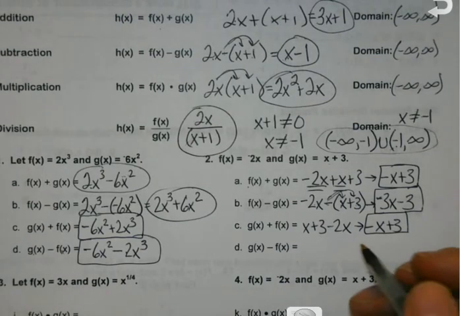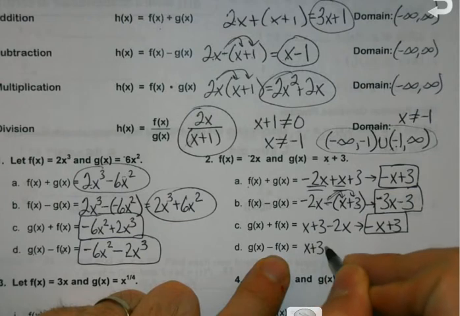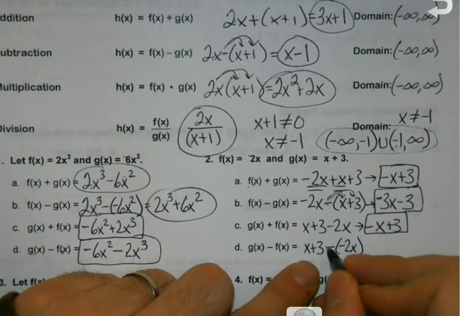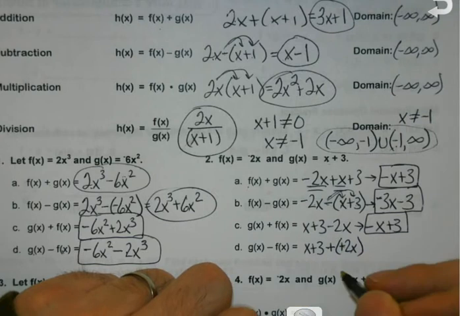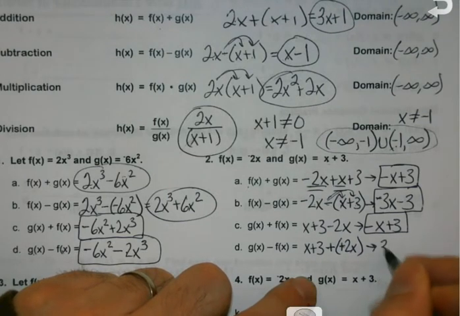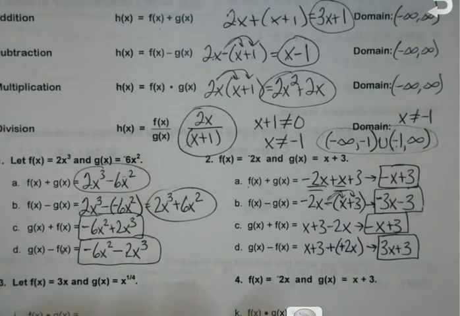That's showing the same here. And then again, I'm just going to be careful. Minus a negative 2x will become plus. And again, I get something different than I did up in letter B.